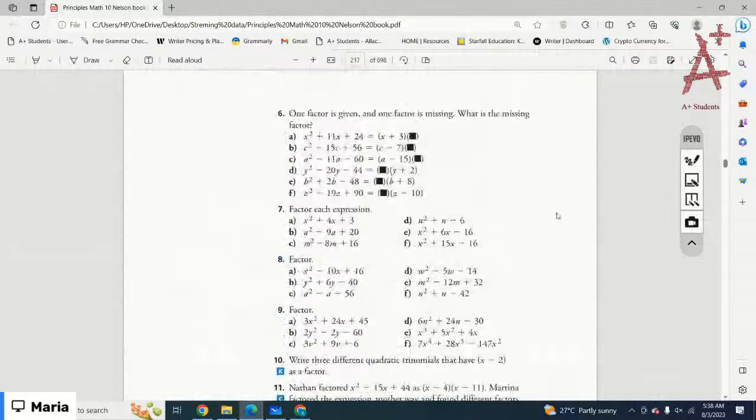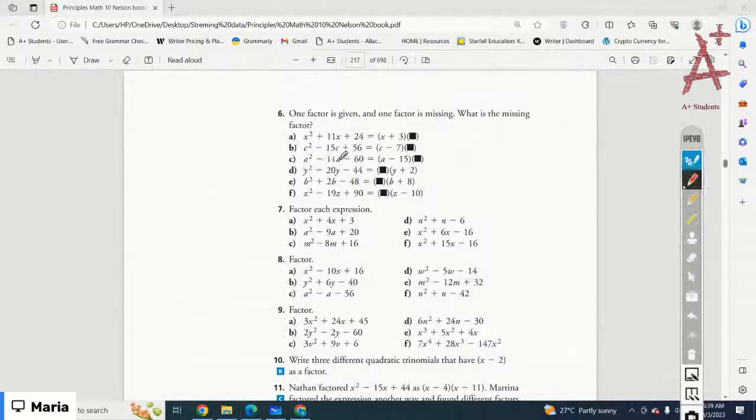Okay, let's do the C part. a square minus 11a minus 60. Here you are given negative 15. So when you multiply them, they make negative 60, right? So negative 15 times 4 makes negative 60.